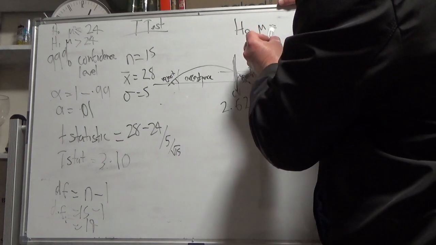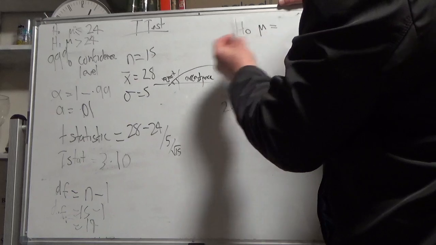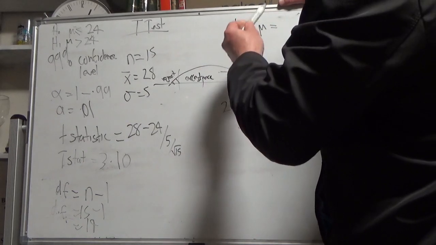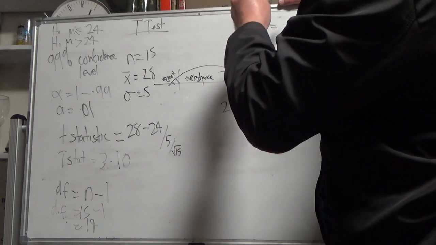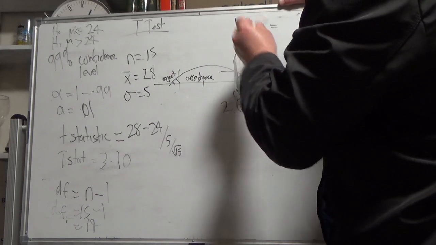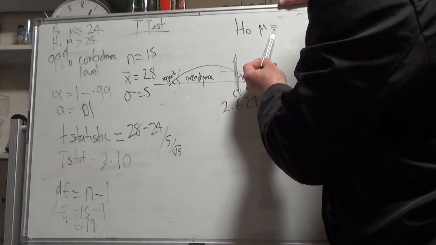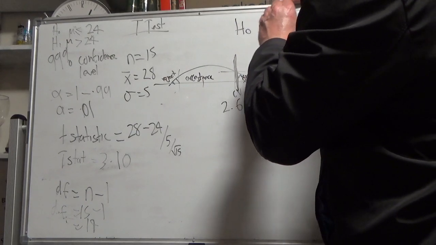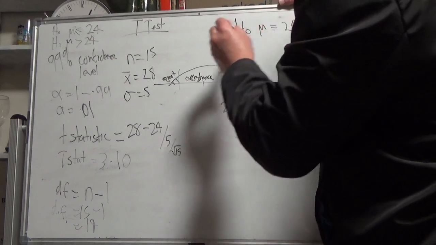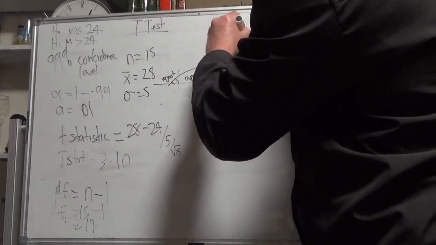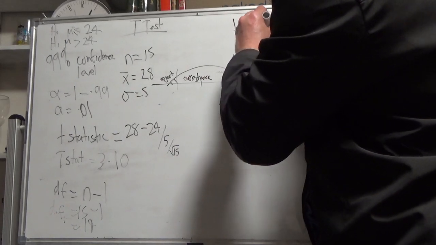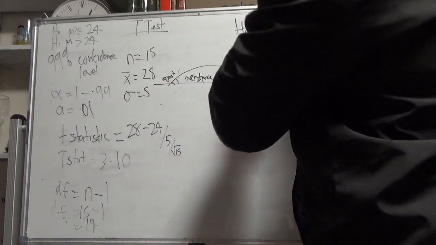the equal or greater than or equal to, or less than or equal to, but the equal sign is always in the null hypothesis. Okay, so the alternative hypothesis in that situation is not equal to 24, right?